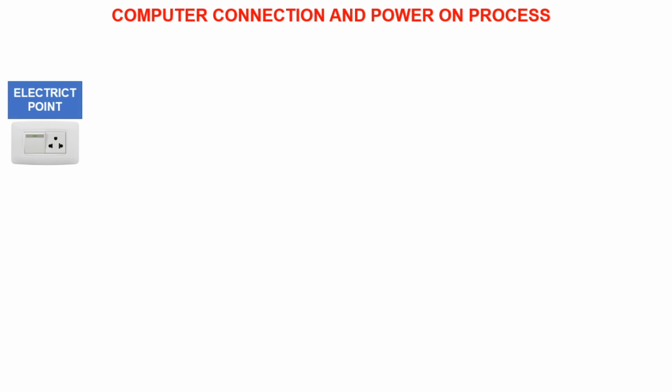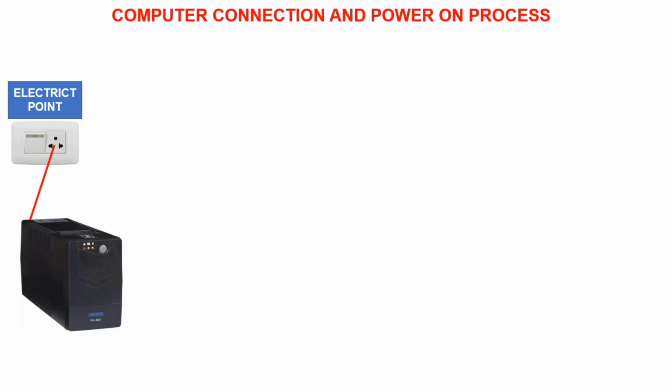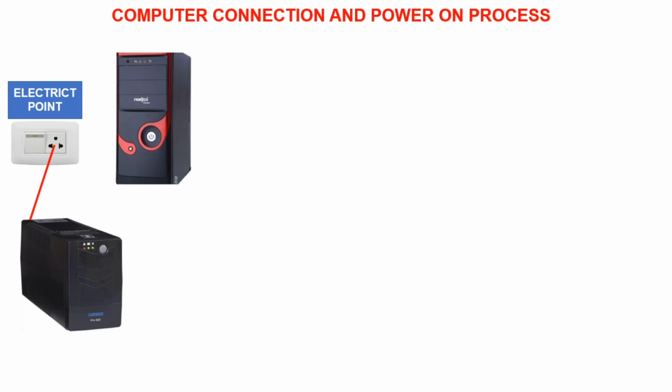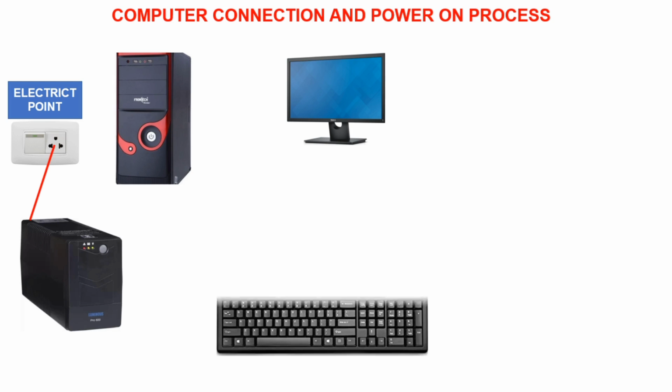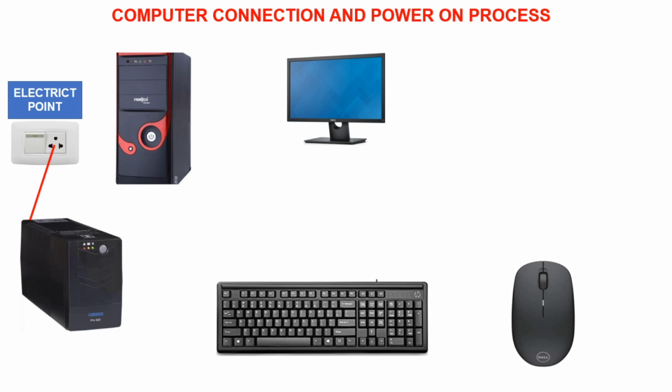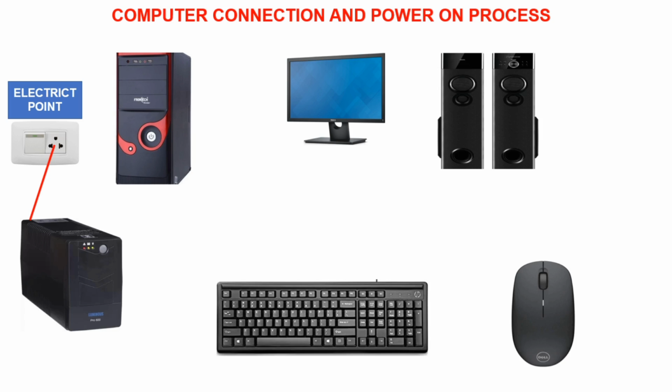This is the electric point, and the UPS is directly connected to the electric point. And here are the system unit, monitor, keyboard, mouse and speaker. So how do we connect each one to the others and how do we power on the CPU or system unit?